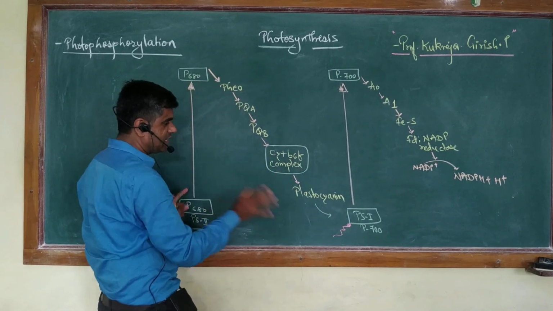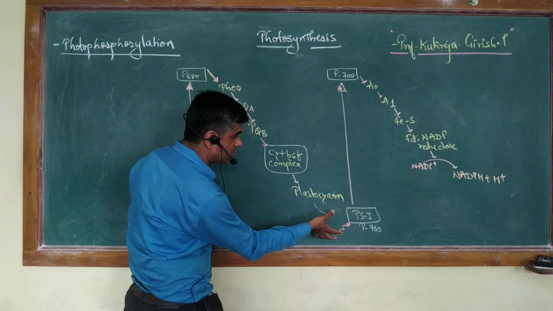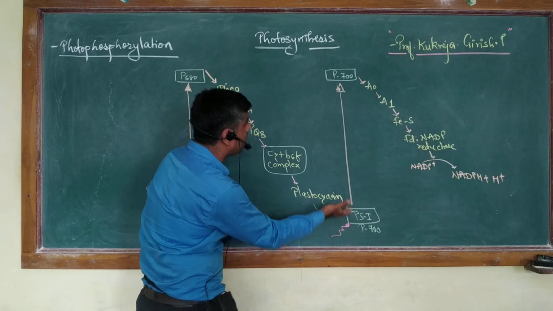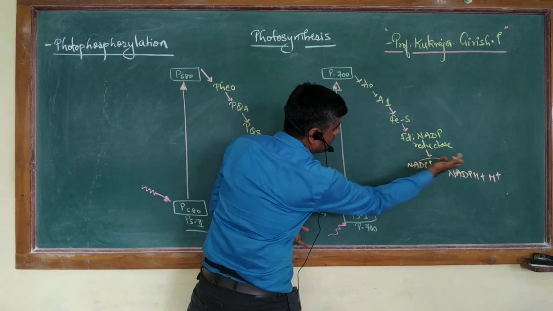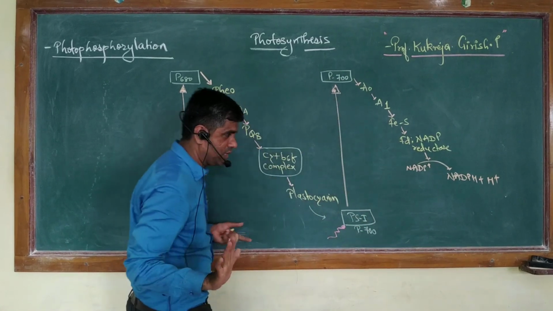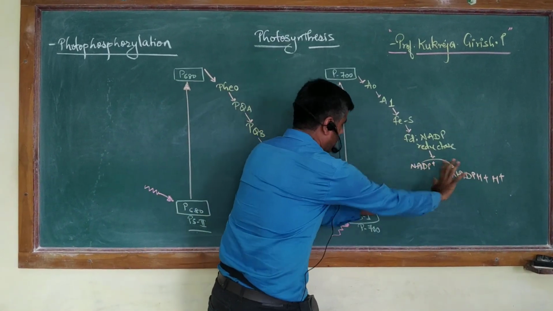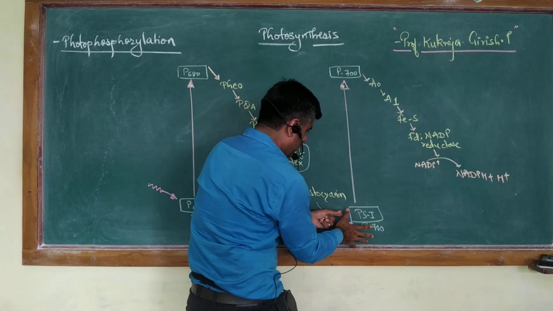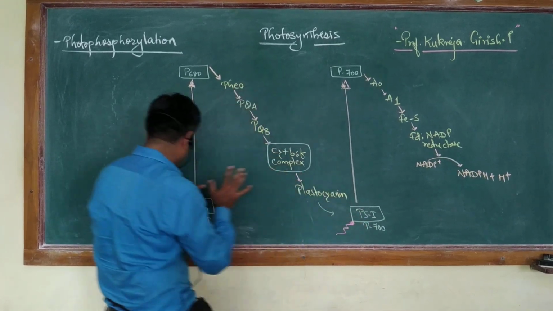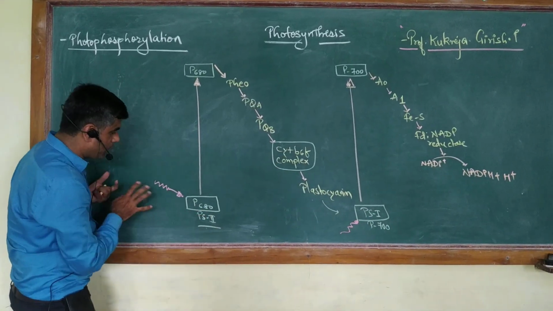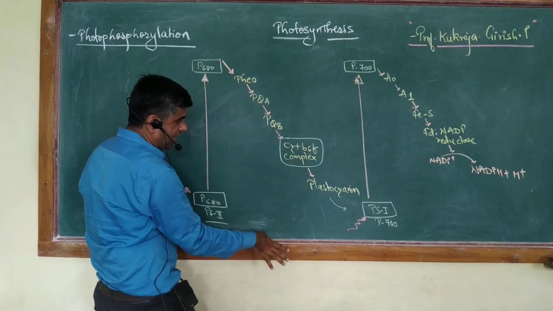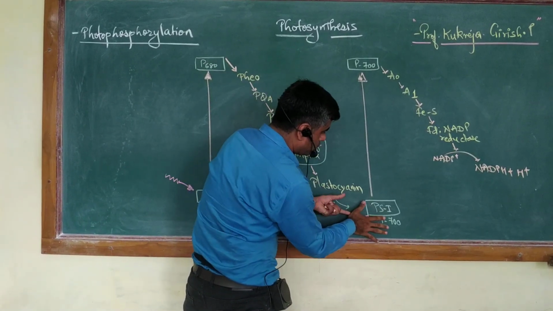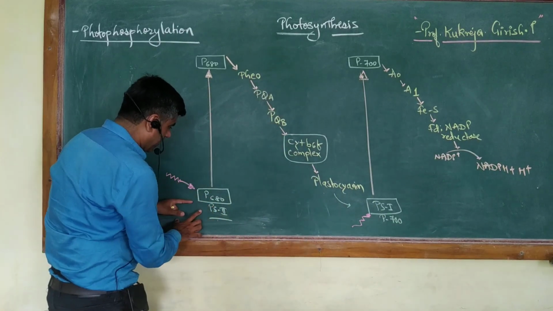So if you look at the reaction, P700 gives the electron, it goes to A0, A1, FeS, FD-NADP reductase, goes to NADP plus, gets converted to NADPH and H plus. So here the electron has been locked. So now this electron hole which is generated here is filled by P680. From P680, the electron will go through all these electron carriers, a proton gradient will be generated, and it will go to this PS1. So now we don't have electron here.